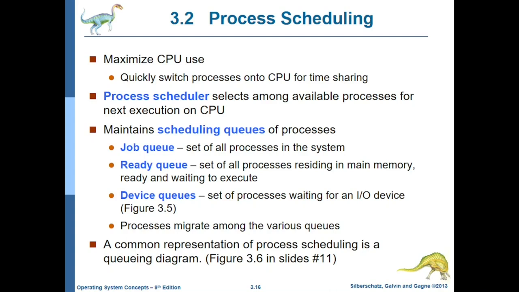So a common way to represent process scheduling visually is using the queuing diagram, which shows how processes flow among different queues and resources in the system. Figure 3.6 in the textbook shows an example of a queuing diagram for process scheduling.